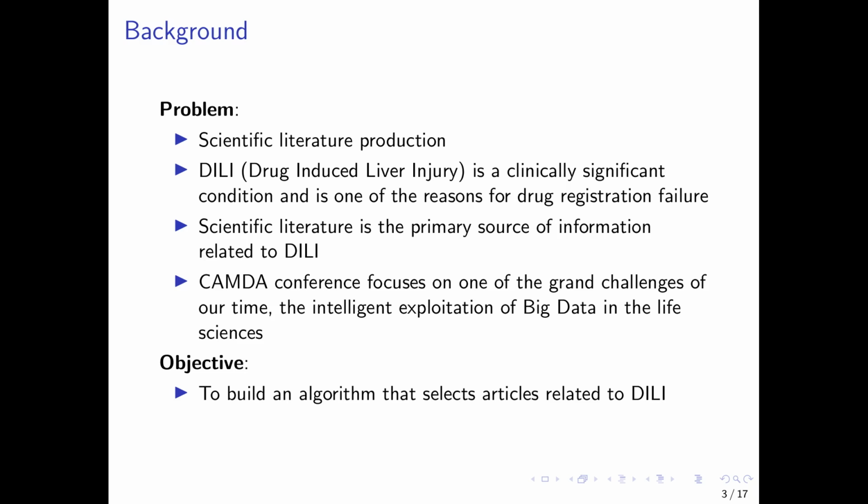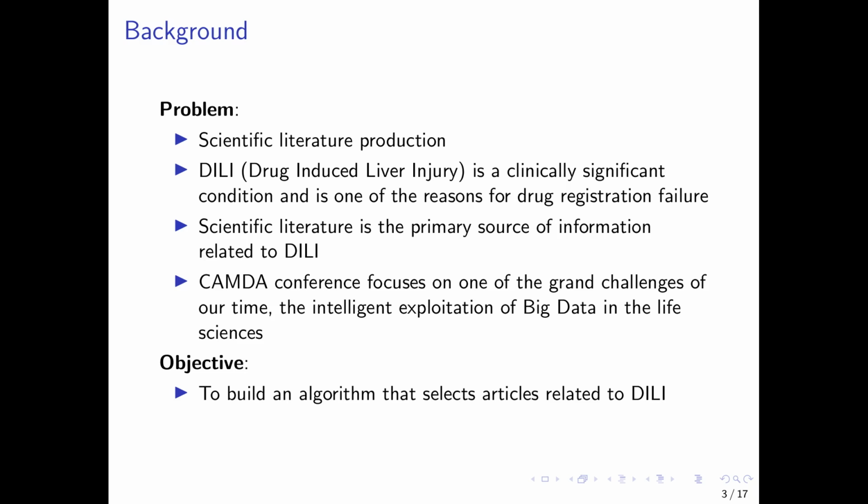For now, scientific literature is the primary source of information for DILI according to the FDA. Therefore, it would be very beneficial to automate the process of information extraction from the documents. This could potentially save hundreds of working hours and speed up the drug discovery process.